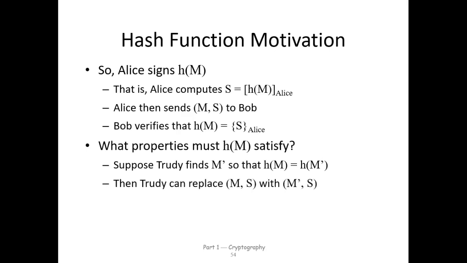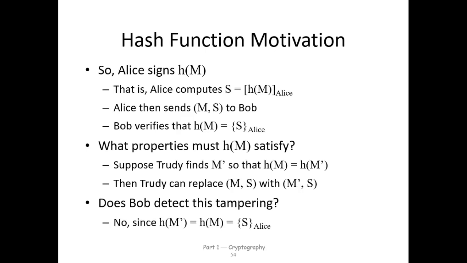Then Trudy can replace m comma s with m dash comma s. So she takes the alternate values, m dash comma s. The question comes: does Bob detect this tampering? Trudy sends m dash comma s instead of m comma s. The answer is no, since h of m dash is equal to h of m, which equals s of Alice.